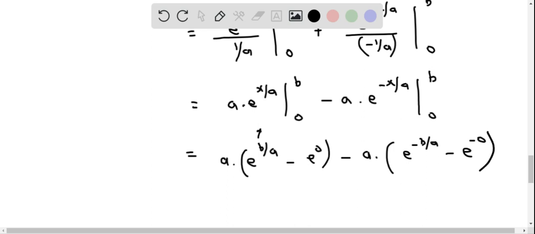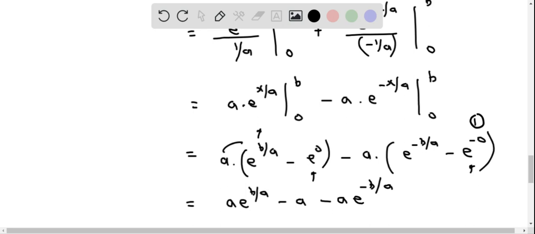Let's simplify this. I'm going to distribute this a with the terms inside the brackets. This becomes a times e raised to the power of b by a minus e raised to the power of 0, which is 1. So a times negative 1 is negative a, minus a times e raised to the power of minus b by a. And once again, this e raised to the power of negative 0 is also 1. So negative a times negative 1 is positive a.